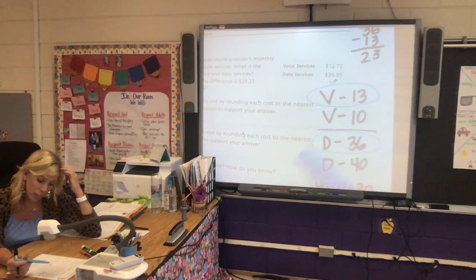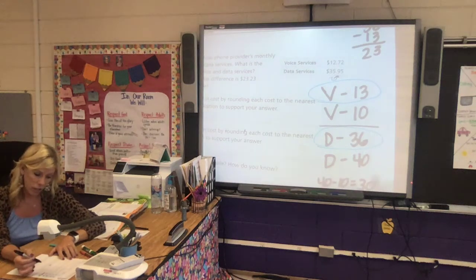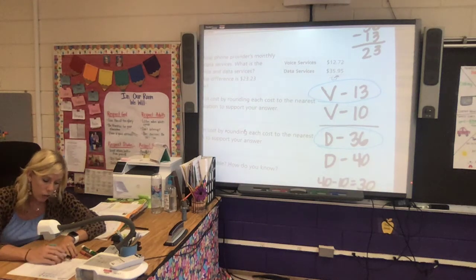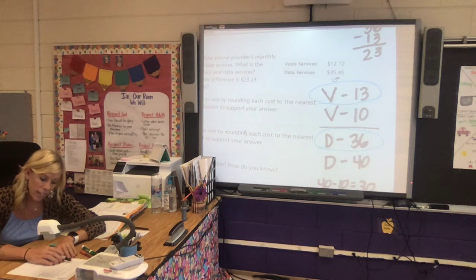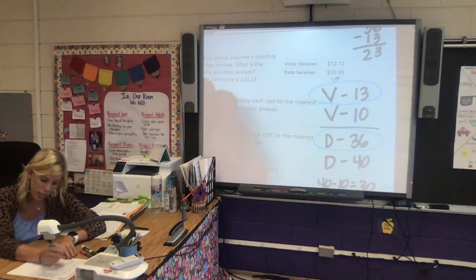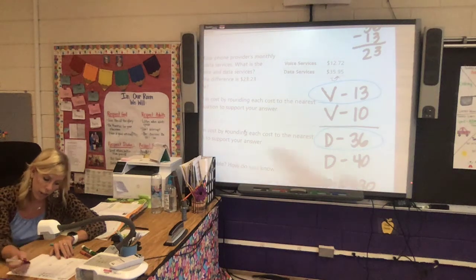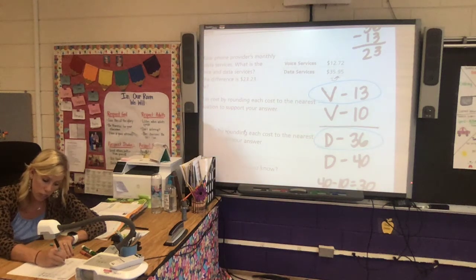So I would say, okay. So let's read the directions. A says estimate the difference by rounding each cost to the nearest $10. Okay, that's what we did. 40 minus 10 equals 30. Estimate it by rounding each one to the nearest dollar. We got 36 minus 13, and we got 23.